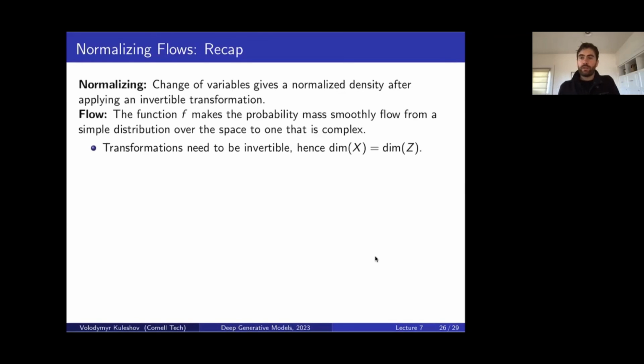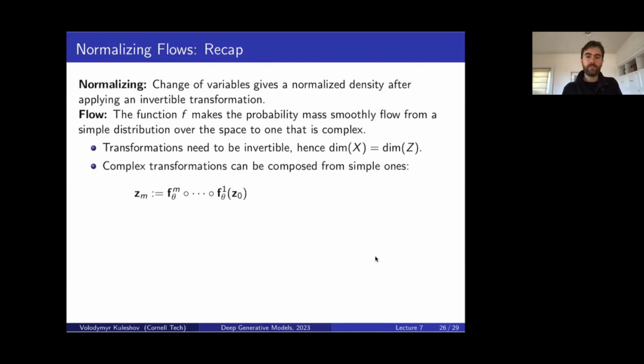The main characteristic of flows is that x and z have to be continuous and have the same dimension. And the key challenge is to define this f. One way in which this could be done is via a composition of functions f.